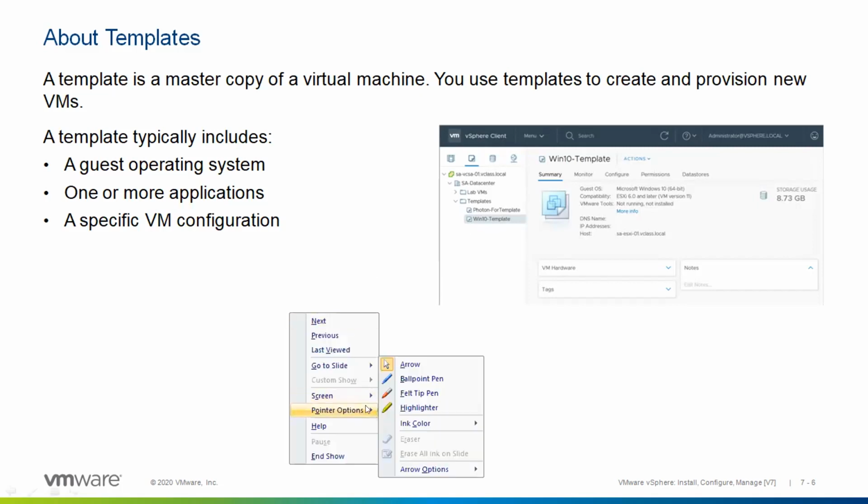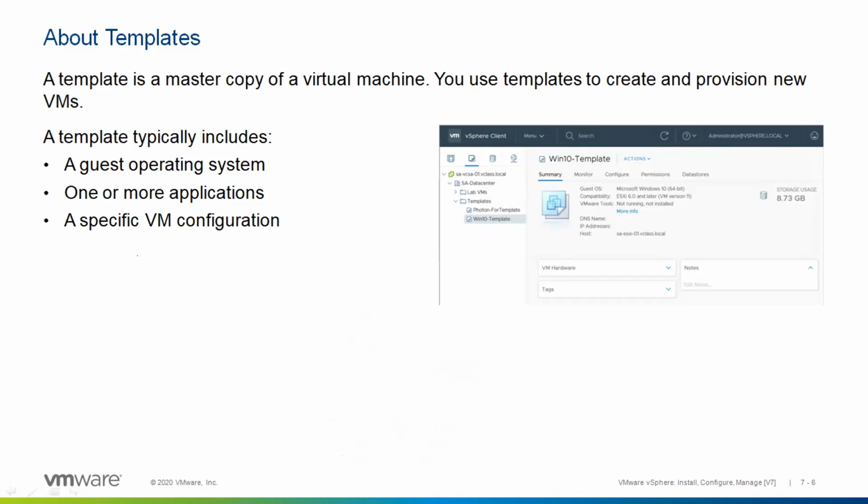A template has the guest operating system, which will be in a virtual machine shell, one or more applications, and the VM configuration. You will create a virtual machine first, install the desired operating system, and install the desired applications inside that VM.